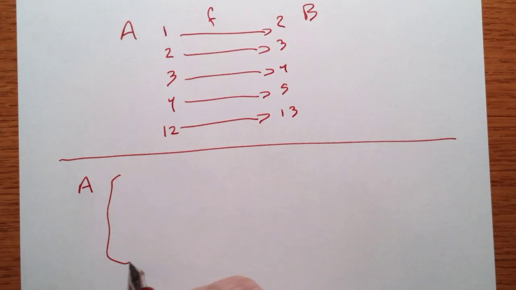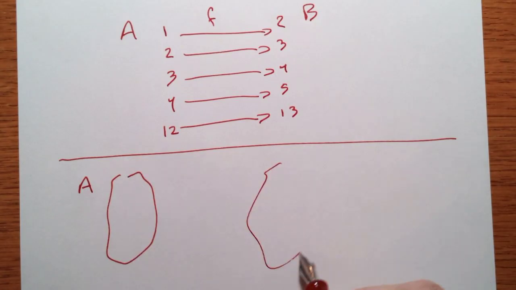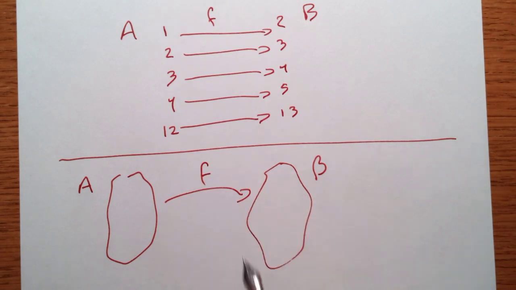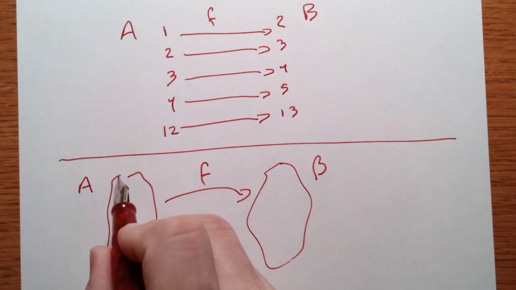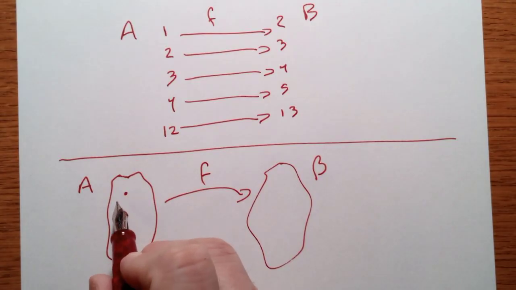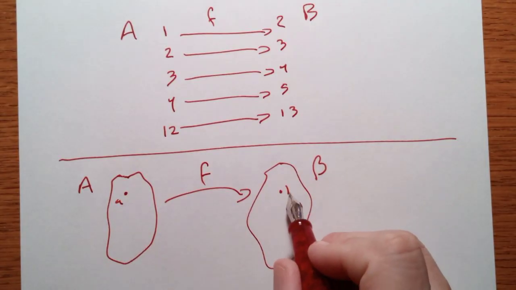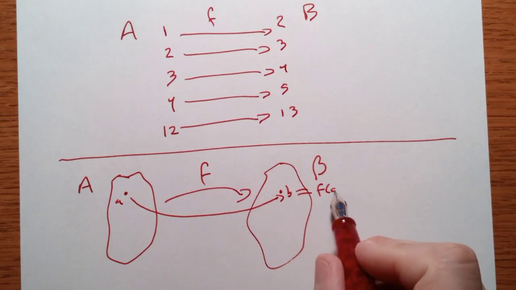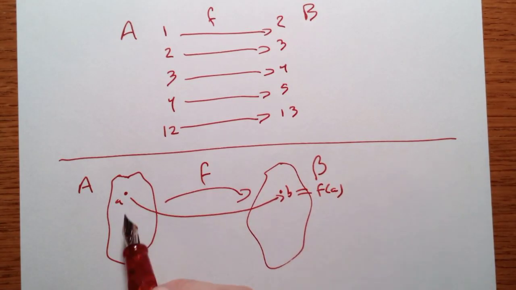I can think of the set A and the set B, and I can think of my rule going between them. And if I have particular elements, this B is f of A means the arrow went from there to there.